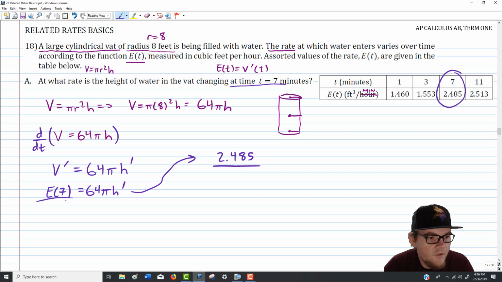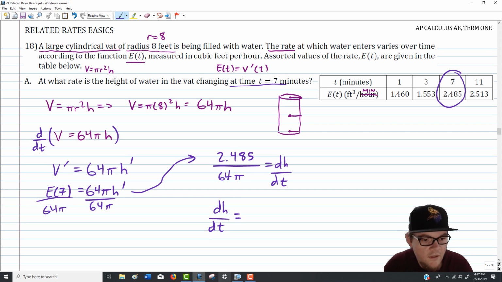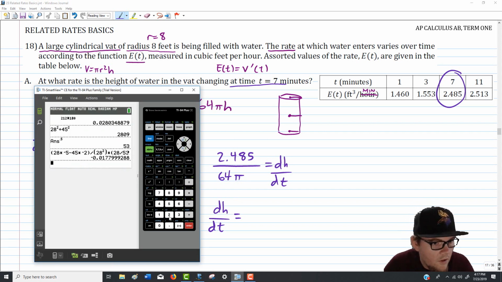If we want to solve this, we're going to have to divide both sides by 64 pi. So 2.485 divided by 64 pi is going to be equal to h prime, or dh/dt. And that means for our purposes, dh/dt is going to be equal to whatever that quotient comes out to be. 2.485 divided by, and be careful if you divide this, make sure you either use the fraction creation or that you put parentheses around the denominator.